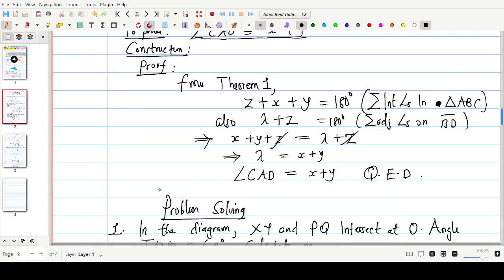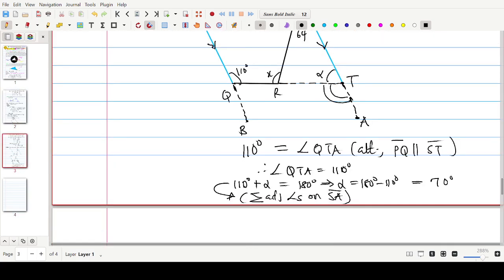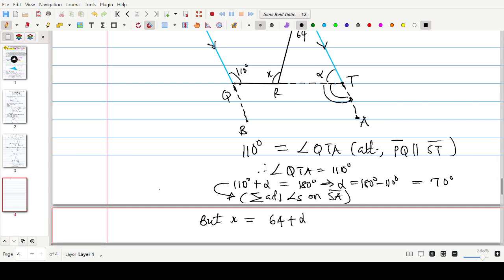So I'm taking more page again so I can complete the work. The one was done. Then to get the value of X now as required, X is an exterior angle to the triangle because the side ST was produced to Q. That makes S an exterior angle. So we can say X is equal to 64 plus alpha. What is the reason?